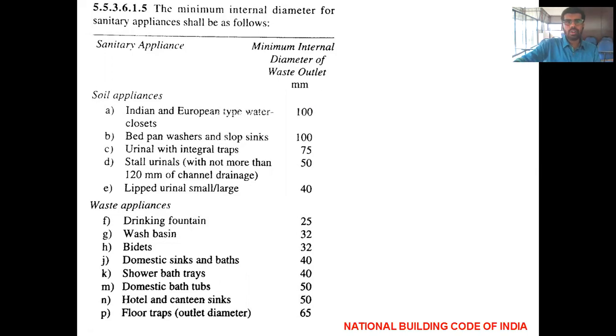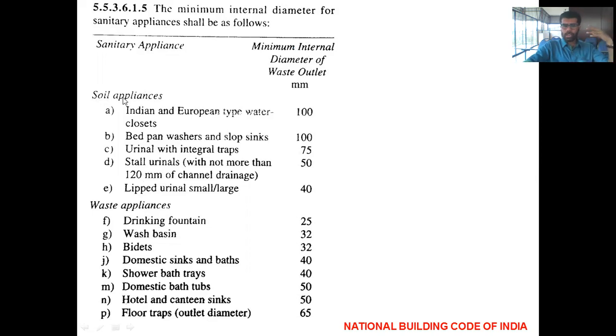Okay, so in the National Building Code of India, the minimum internal diameter for the sanitary appliances shall be as follows. Sanitary appliances are given, and with the minimum internal diameter, the waste outlet is also given in mm. They have separated the appliances into soil and waste appliances.